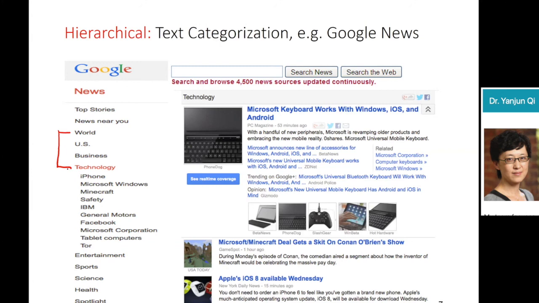And inside technology, you have iPhone, Microsoft, Minecraft, all these lower levels. So your classification is almost a ladder, a series of decisions. There is a hierarchical label space, which can be even deeper, not just two levels. This is a very important standard task.